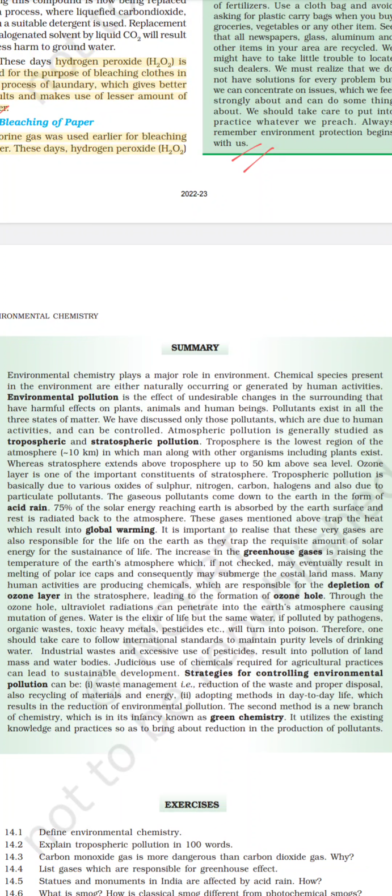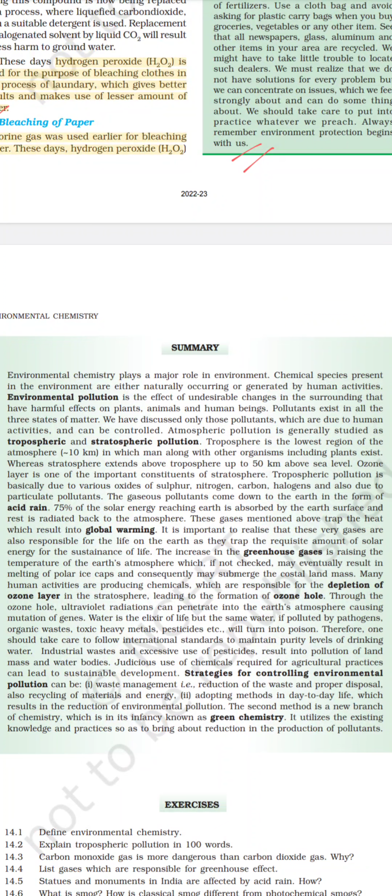Environmental pollution is the effect of undesirable change in the surroundings that have harmful effects on plants, animals and human beings. Pollutants exist in all the three states of matter. We have discussed only those pollutants which are due to human activities and can be controlled.